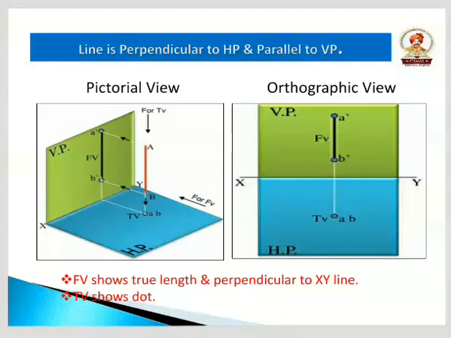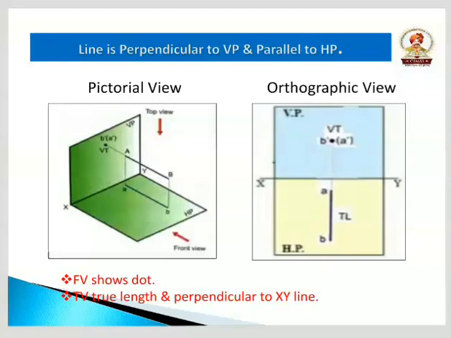Now, when we rotate the horizontal plane 90 degrees in a clockwise direction, then in orthographic view, the front view shows true length and is perpendicular to XY line, and the top view shows a dot.